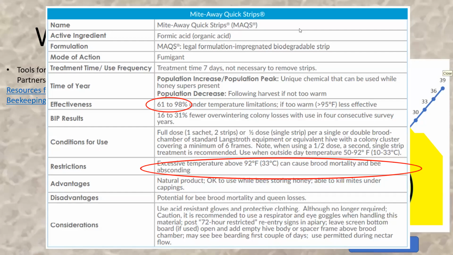But I don't believe that there is a restriction on the label for the number of times you should use it for a season, the way that Apivar is restricted to two times per season. But I am only using it one per season. That's my mite management plan.